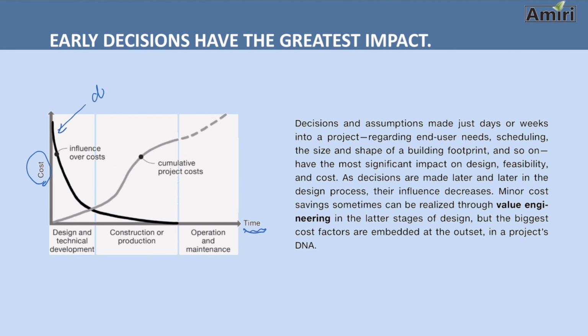That's the influence of decisions. So early decisions have a great impact on the cost of the project. If you decide early on this product is going to be made out of PLA or steel, that has a huge impact on the cost of the project. One is going to be more costly than the other, and so on. So this is good to know. There's a lot of unknown. You have to make a lot of decisions, but decisions have a high impact on the cost of your product.